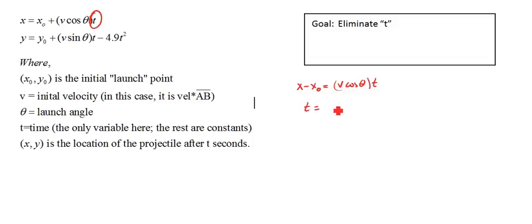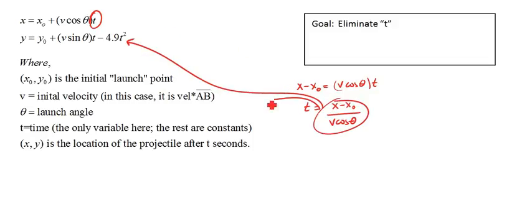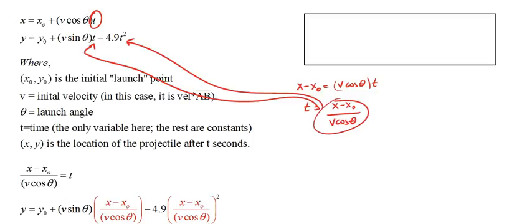Therefore, t equals x minus x sub 0 over v cosine theta. So now I'll take this expression and I'll plug it in to every instance of t in the second equation. So this is what I'll end up getting.